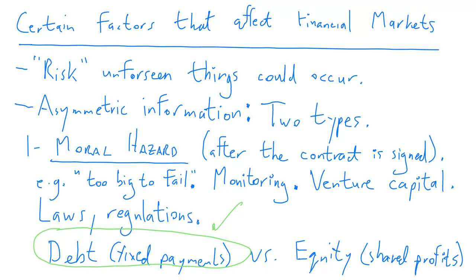To see that, I'm going to need to clear this board. So there we go. And let's switch to black. So we start with the observation that debt is more common than equity.